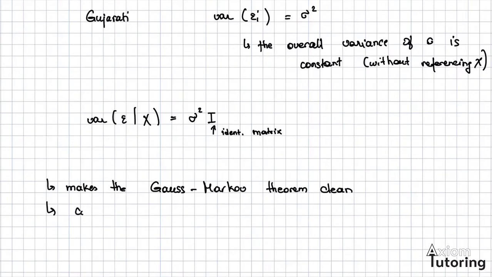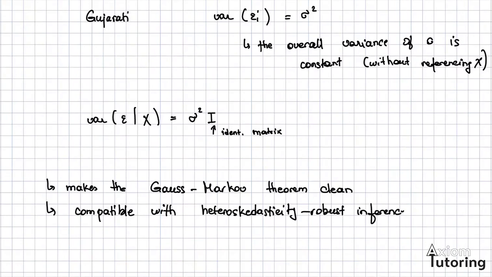It is also compatible with heteroskedasticity-robust inference, meaning in the cases that we actually see that our homoskedasticity assumption is violated and we come up with different ways to fix that problem.